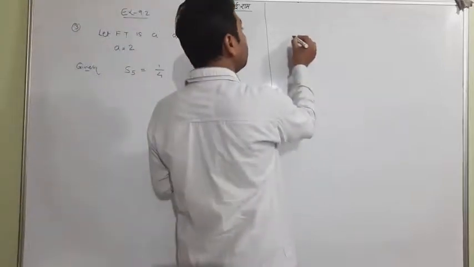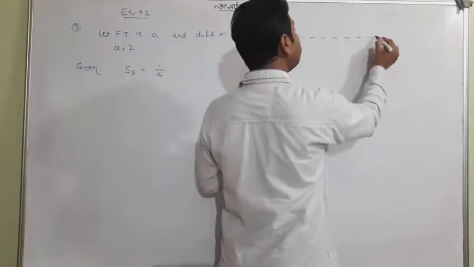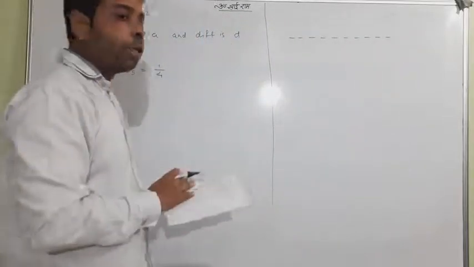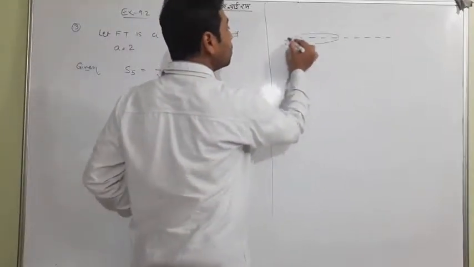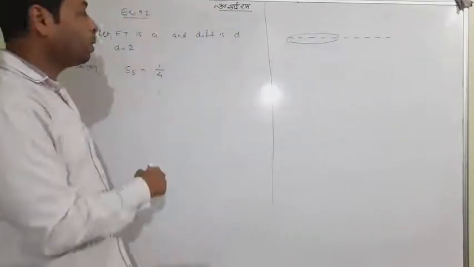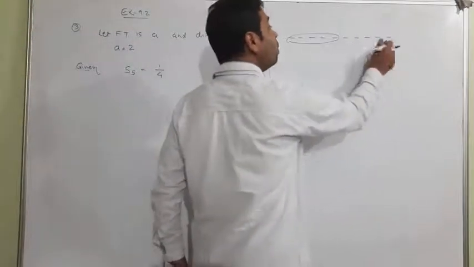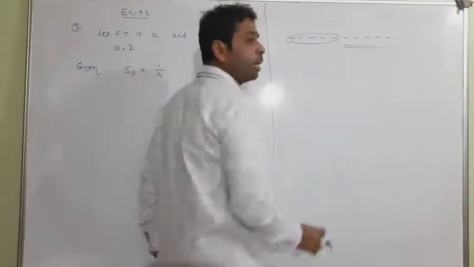Look, 1 2 3 4 5 6 7 8 9 10. Suppose these are the 10 terms of the AP, and according to the question the sum of the first 5 terms is equal to 1/4 of the sum of the next 5 terms. So I want to ask you how we can write the sum of the next 5 terms. That is very simple.